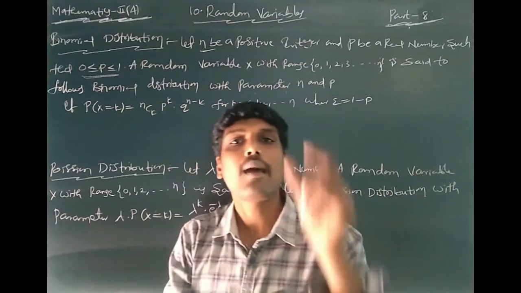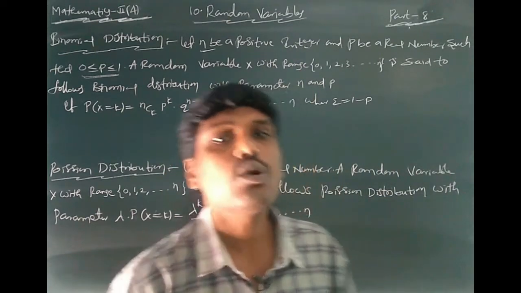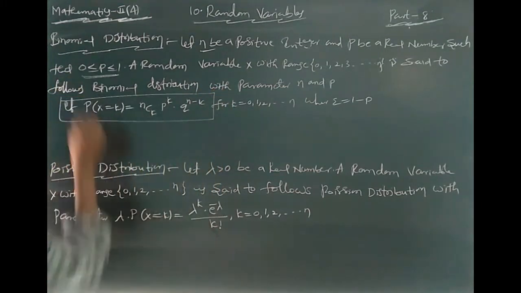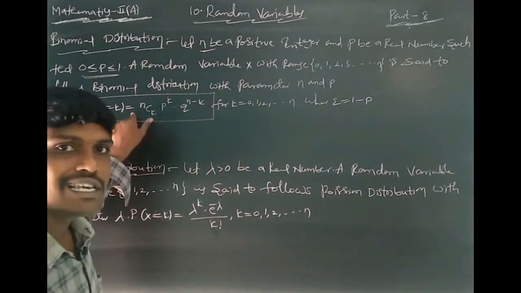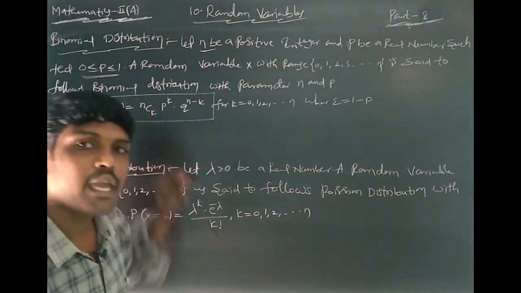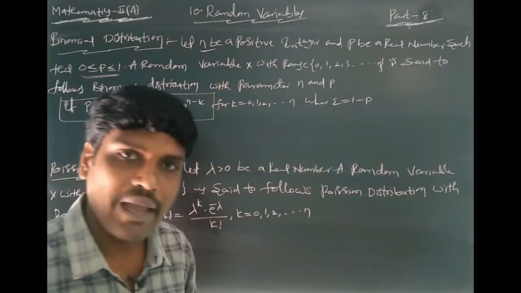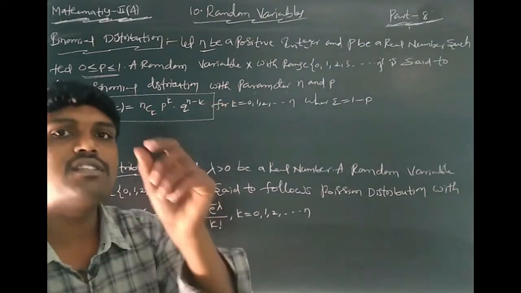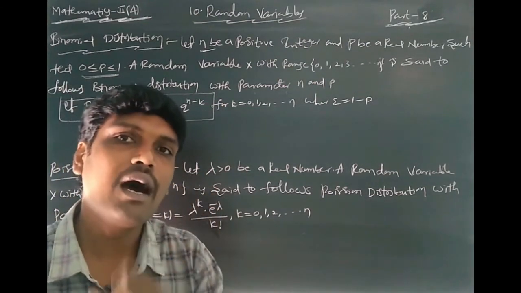These two are parameters. P of X is equal to k. This is the formula. What is that formula? P of X is equal to k is equal to nCk p power k q power n minus k. Here k value is 0, 1, 2, and so on.